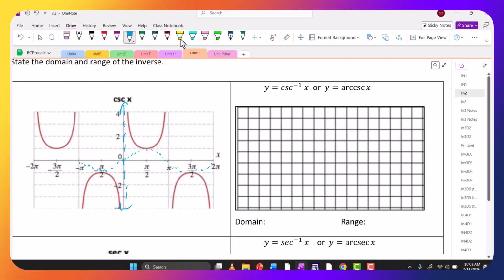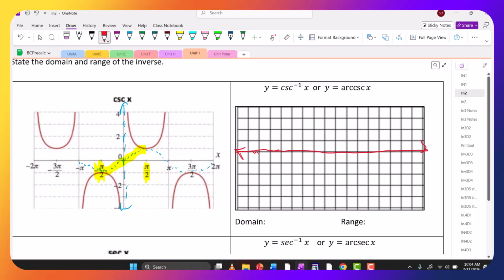And then we get the idea of restricting the domain. So what we had to restrict the domain for sine was this little piece right there, which was between negative pi over 2 to pi over 2. Be a mathematician and go left to right. And then I'm only going to invert that piece today because we have to restrict the domain.